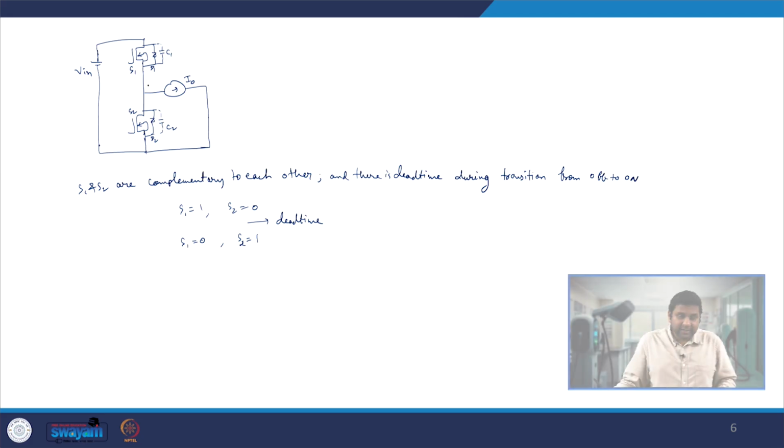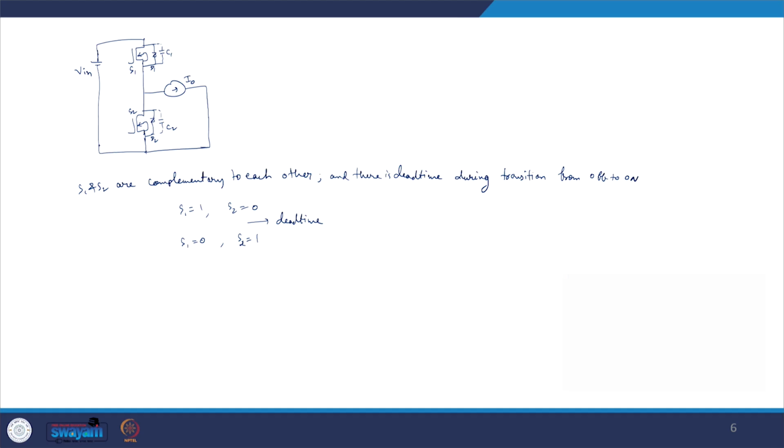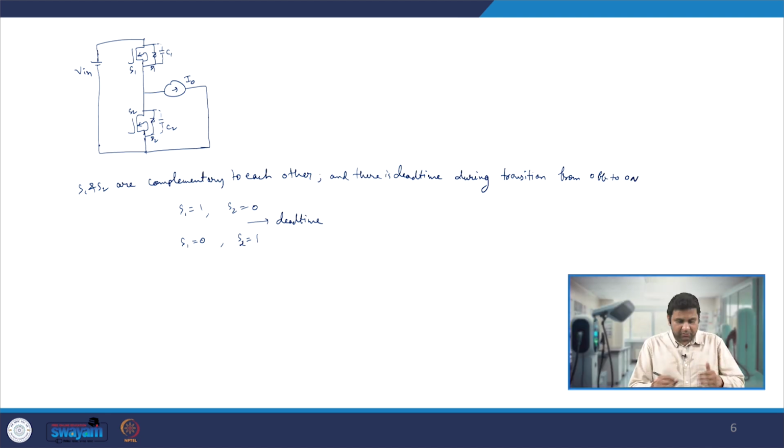So now let us see during this transition whether we can get ZVS or ZCS, without connecting any other circuitry externally. In what scenarios will this conventional half bridge achieve it? If you look very carefully, there are 4 instances.